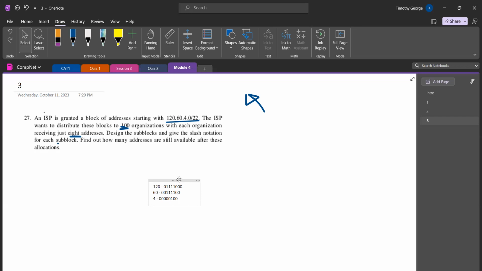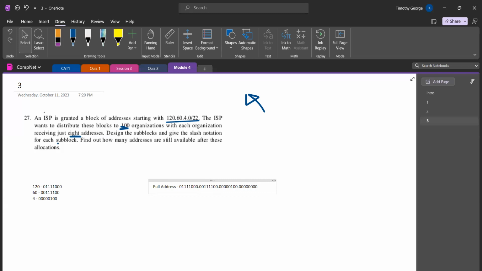So putting this all together, our full address. In IPv6 also we have to write the full address. Here you write the full address, but in binary, it's going to be 0, 1, 1, 1, 1, 0, 0, 0 dot 0, 0, 1, 1, 1, 1, 0, 0.